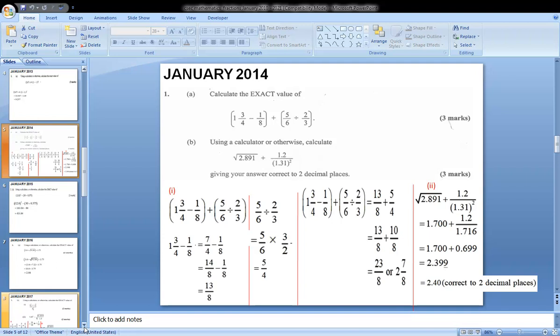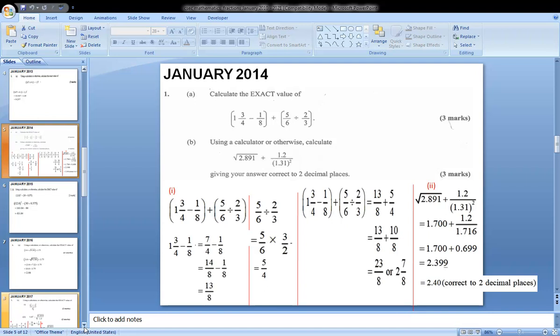So our two fractions that we're working with are 13 over 8 added to 5/4. We now find our LCM of 8 and 4, which is 8 again.